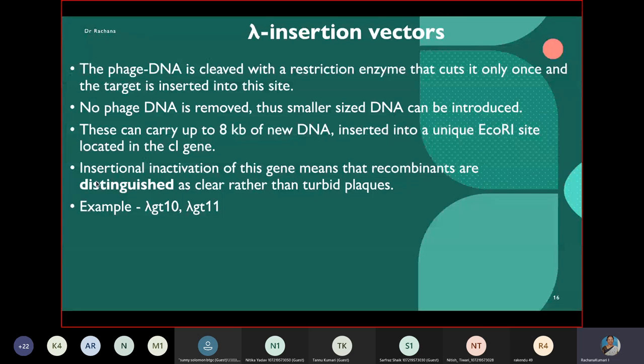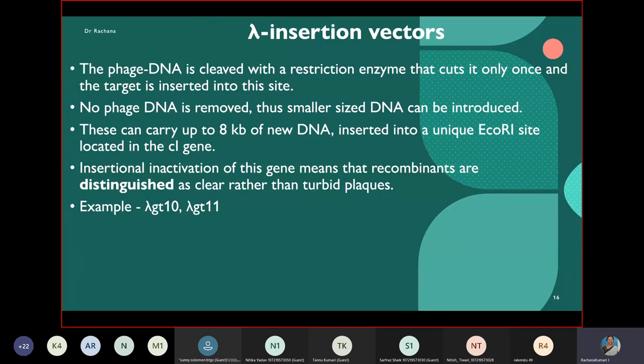Now that we have inserted, the insertional inactivation of the C1 gene means that recombinants are distinguished as clear rather than turbid plaques, because you have inactivated the C1 gene, and by now you should have understood that the C1 gene is the key gene that induces lysogeny. Because it is inducing lysogeny, the phage is supposed to rest.